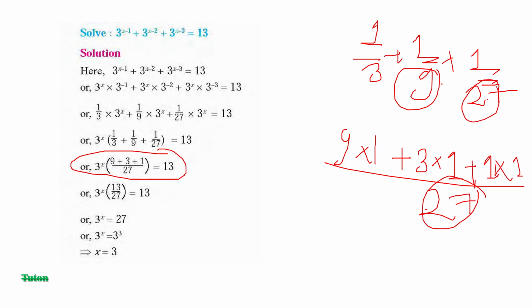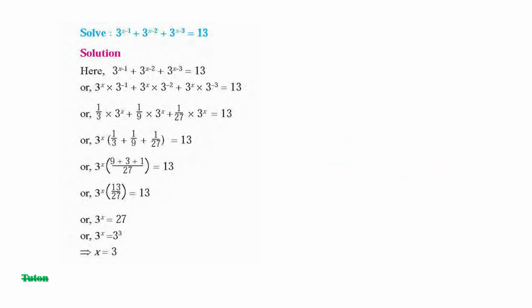Here we have 9 plus 3 plus 1. Hope you guys understood this step. This step simply involves the addition of 9, 3 and 1, which is 13, and on the next step we can cancel 13 and 13 like this.